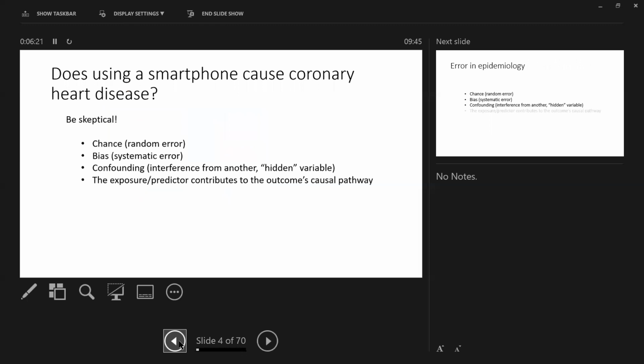So do we actually believe that using a smartphone causes coronary heart disease based on this study? Probably not, right? Why? Because the populations are not the same.